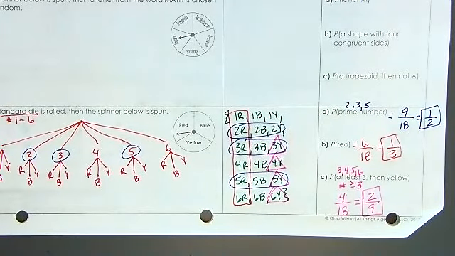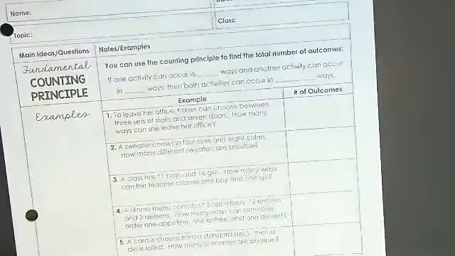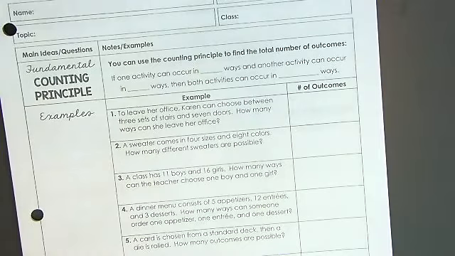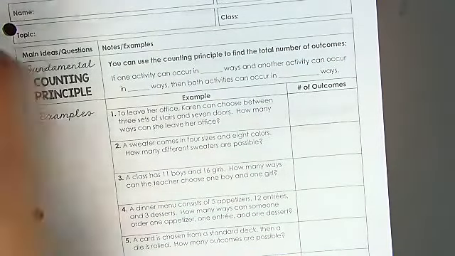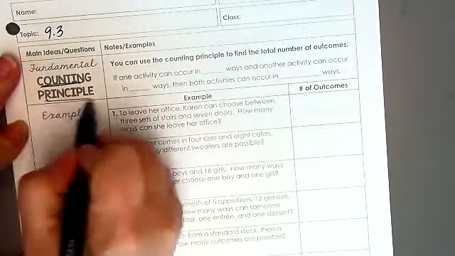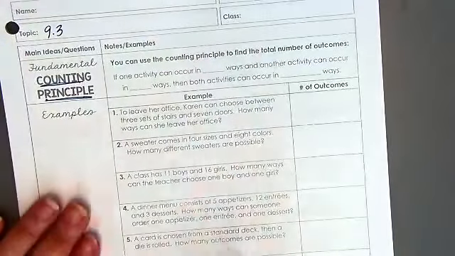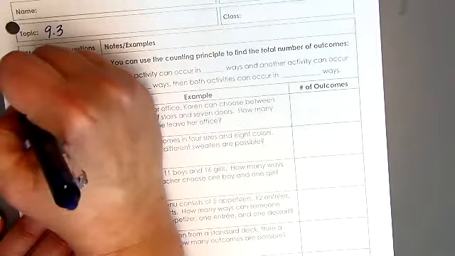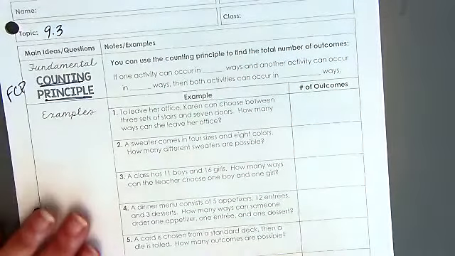Now we're going to talk about a quick way to find the number of possible outcomes. Clicking over to here, this is still the same topic, but it's the counting principle, the fundamental counting principle, FCP.